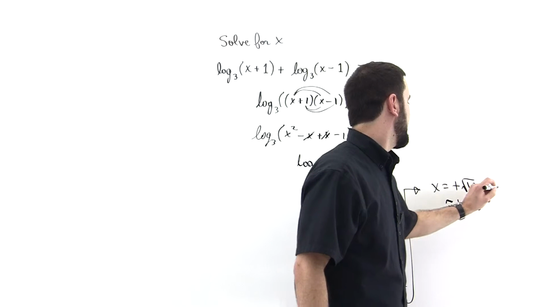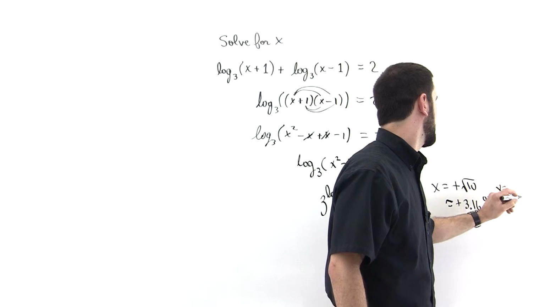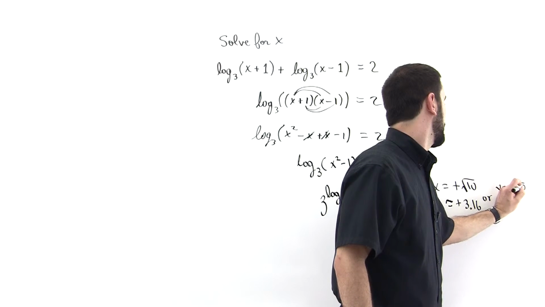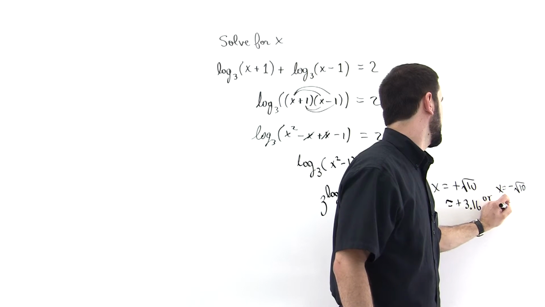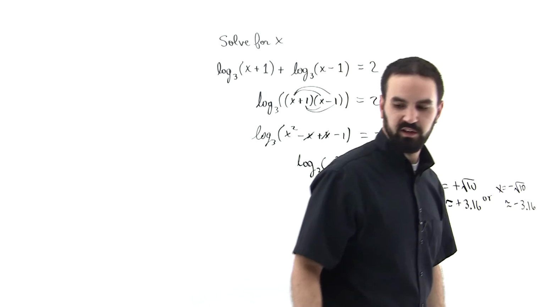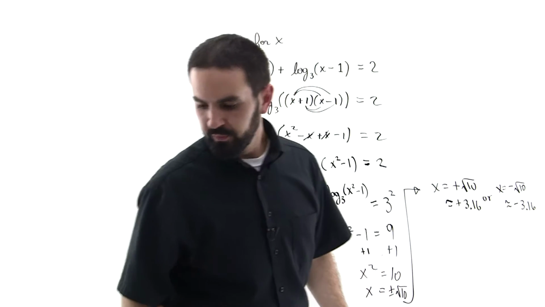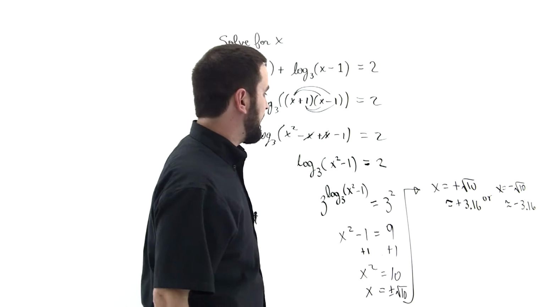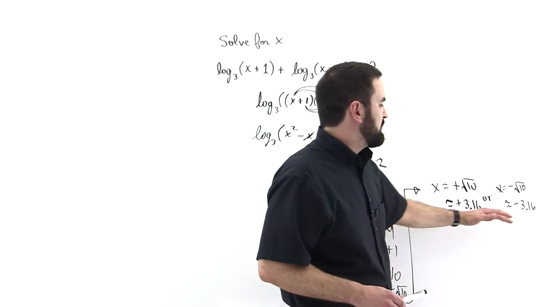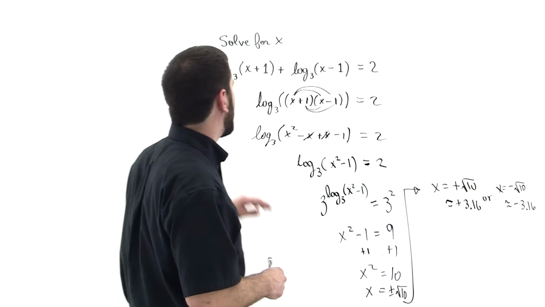Or x is equal to negative square root 10, which is approximately equal to negative 3.16. Let me check that. It is correct.